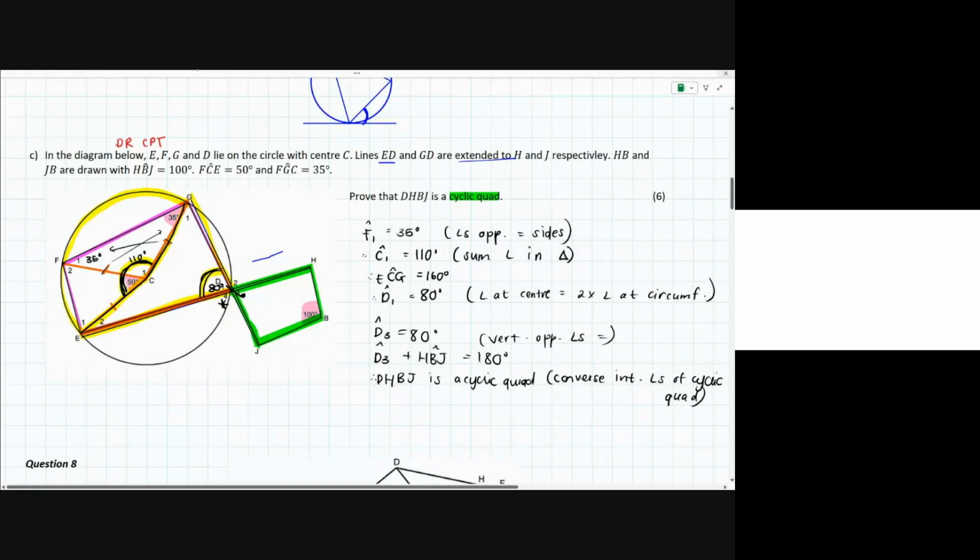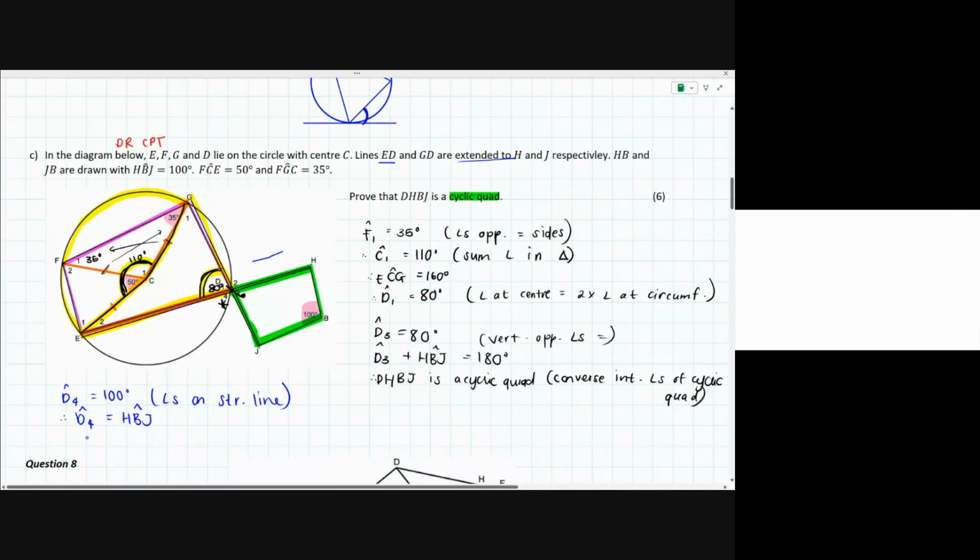Or your second option is to say, okay, cool. I know that D1 is equal to 80. So that means that D4 is equal to 100, angles on a straight line. And so therefore D4 is equal to HBJ.